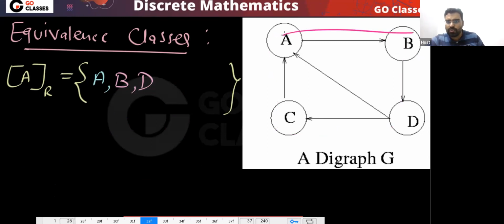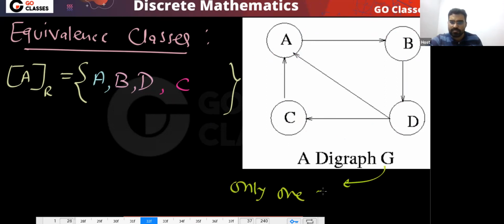There is a path from A to C, and there is a path from C to A. So finally, only one equivalence class you will get. For this graph, only one equivalence class.